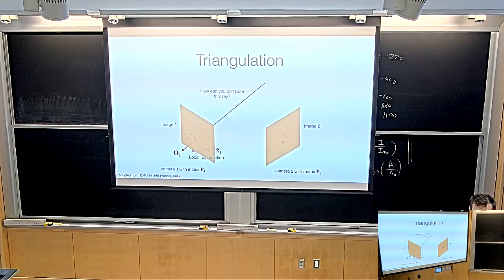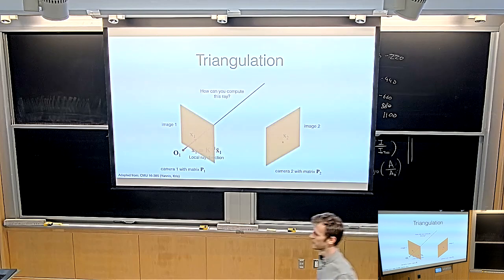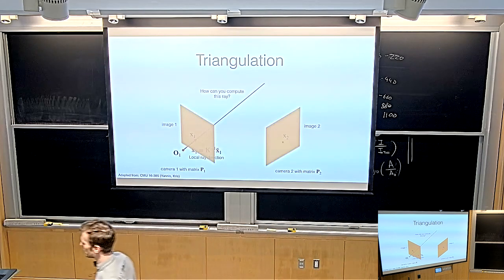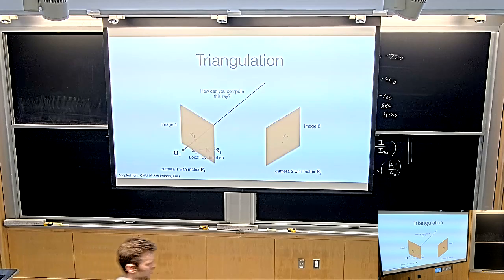Actually, here's another funny little question. K inverse x1, is that a unit vector, or is it a vector that is not a unit vector? Guess it's a 50-50 chance. Right, it need not be a unit vector.